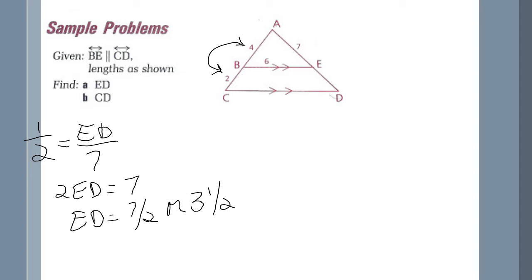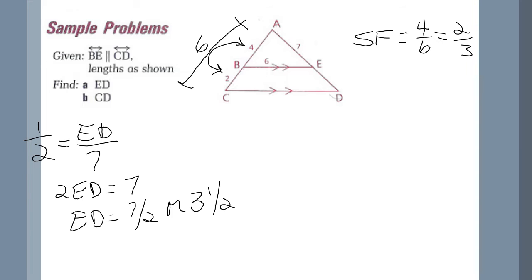All right, now there's a secondary situation. We want to find CD. So we need to find that this whole length is 6. The relationship between the two triangles, the scale factor, is 4 to 6. So you may want to put that over here. Scale factor equals 4 to 6, which is equal to 2/3. The scale factor is always one of those things that you can use between two similar triangles.